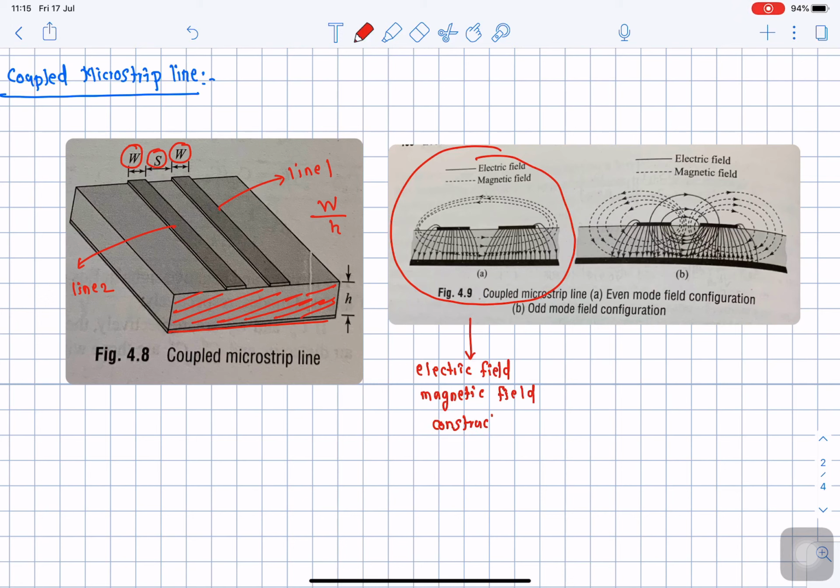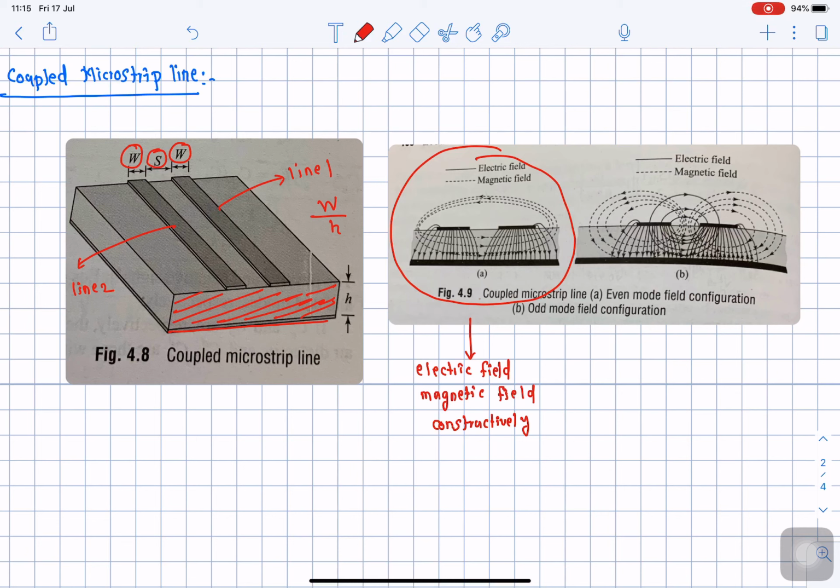When they add constructively, they add with each other in phase, and it will generate a strong field. So the mutual field generated in this even mode of operation of the coupled microstrip line is very large. Okay. And the field configurations are shown in front of you.